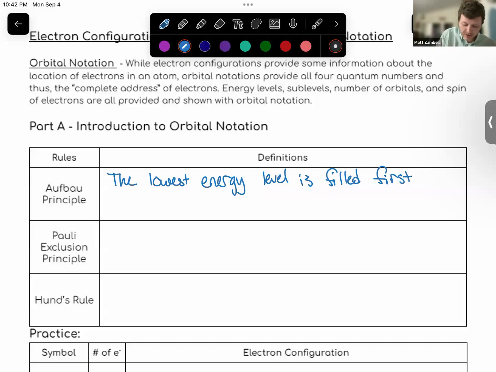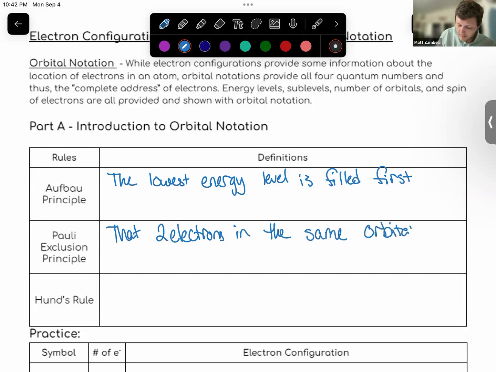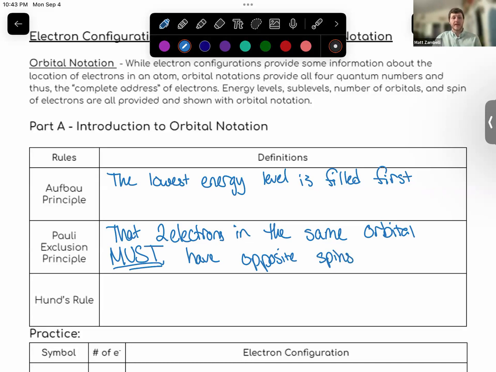But for now, let's make sure to write down that two electrons in the same orbital must have opposite spins.